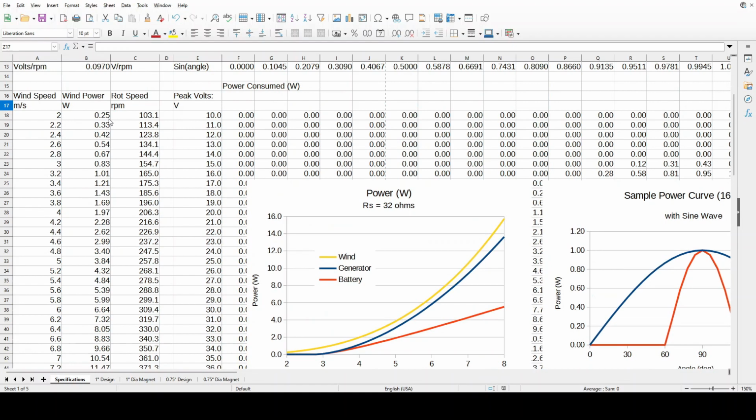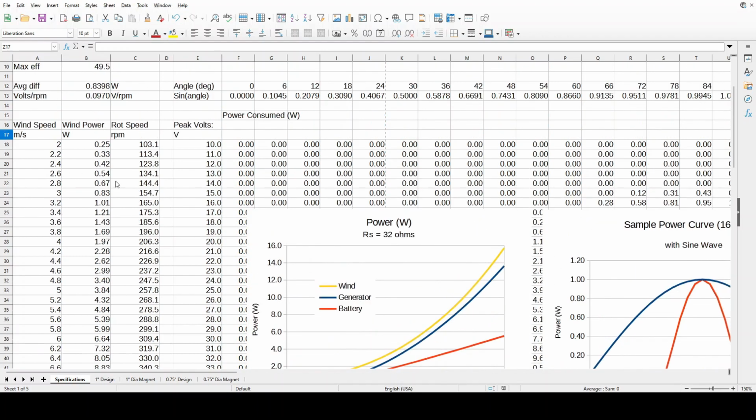Then using that power equation for wind turbines, I can calculate wind power. This is shaft power available from the wind turbine based on the wind speed. And using tip speed ratio, I can calculate the expected rotational speed at these different wind speeds. So I've got the power available, I've got the speed of the turbine.